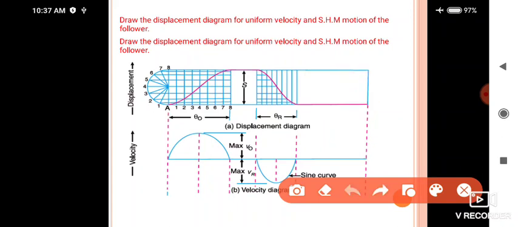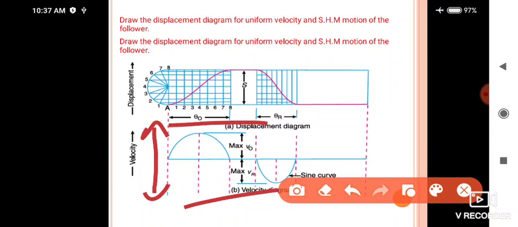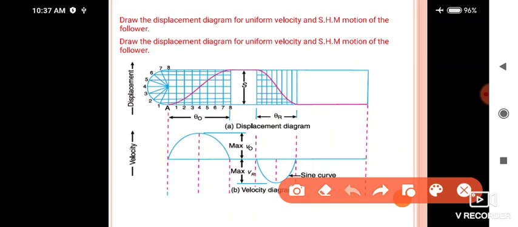That I told clearly in the classrooms, and this height is stroke length. Theta O is the outward stroke and theta R is the return stroke, and S is the stroke length. The remaining is dwell, you know very well. And this portion is the velocity diagram. In the exam, in the problem itself, they are going to ask to draw the velocity diagram, which includes the displacement diagram also.